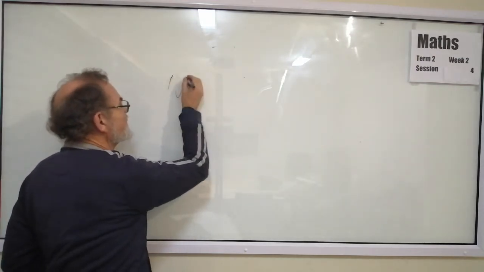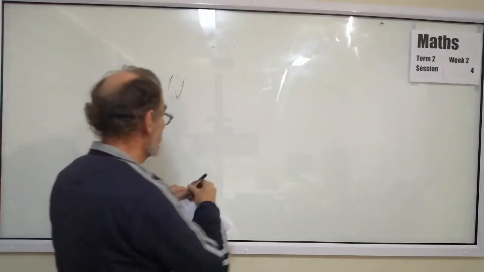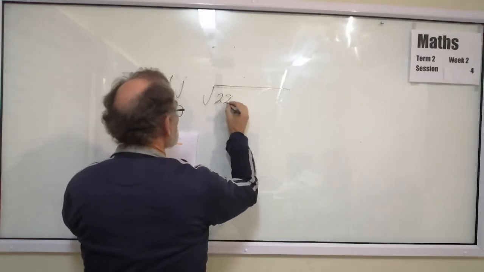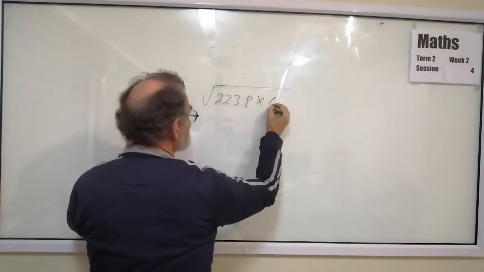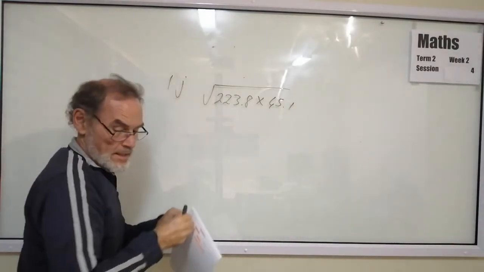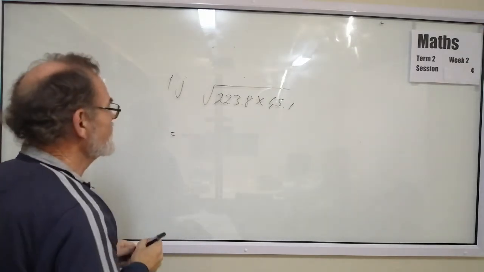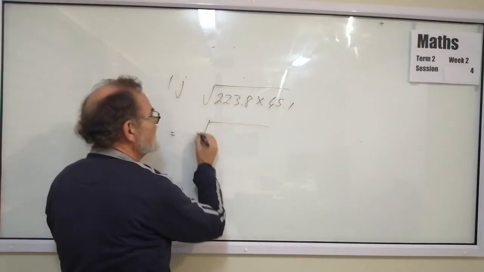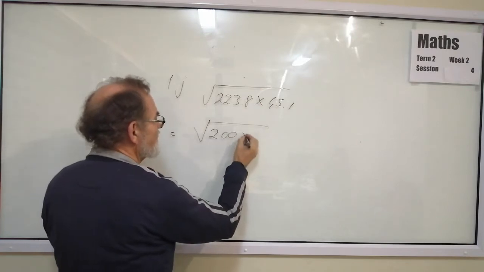Number 1J, we have a square root, and under the square root is 223.8 multiplied by 45.1. So what we've got to do here is reduce this to 1 significant figure each. So it's going to be 200 multiplied by 50.